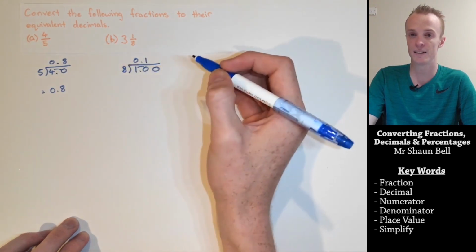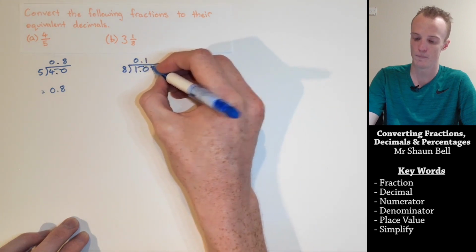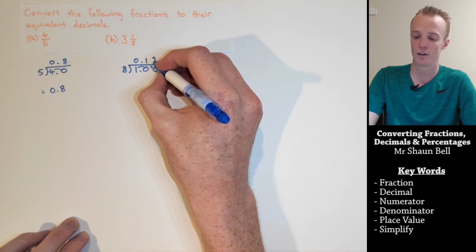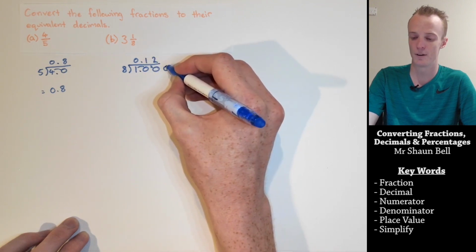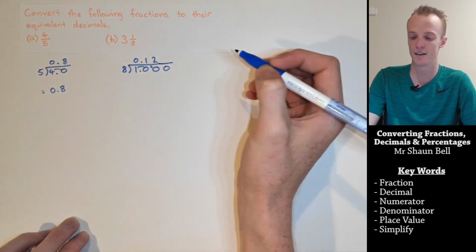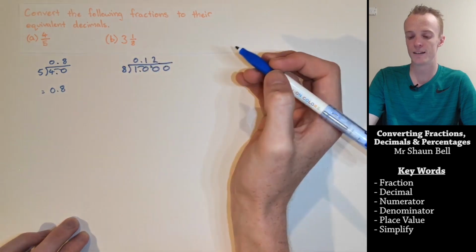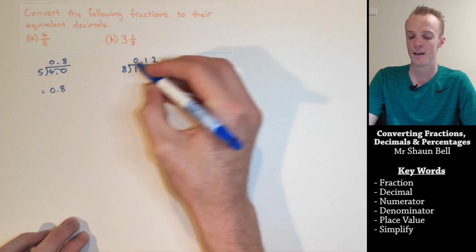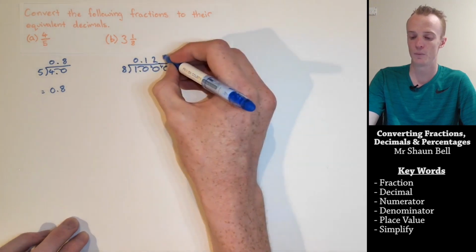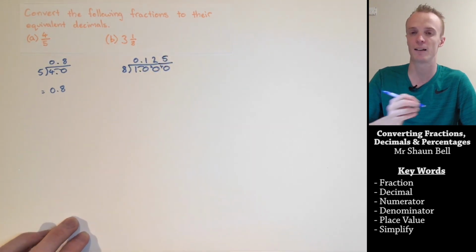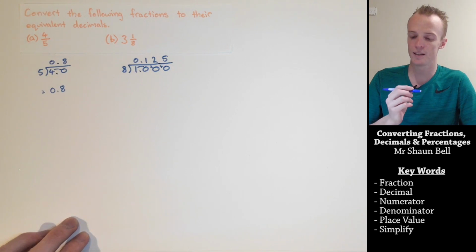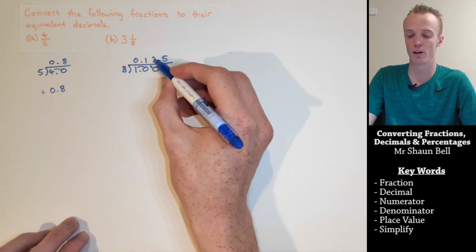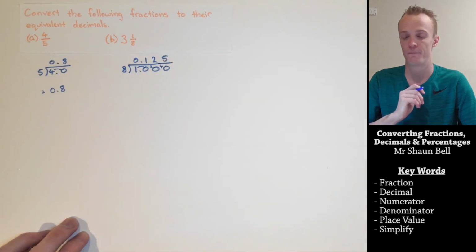1 times 8 is 8, so I've got 2 remainder. How many times does 8 go into 20? Well, it goes twice. I put another 0 here, I extend it. 2 times 8 is 16, so I've got a remainder of 4. How many times does 8 go into 40? Well, it goes 5 times exactly. So the decimal equivalent of 1 over 8 is 0.125.